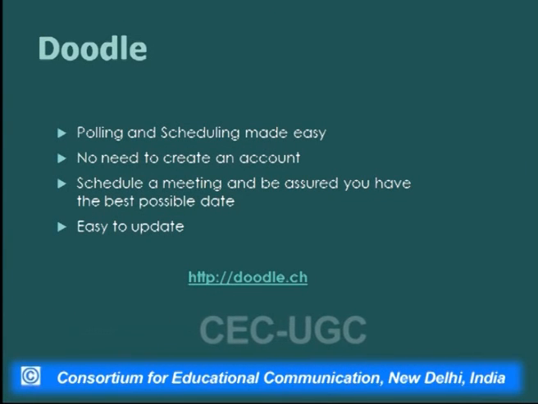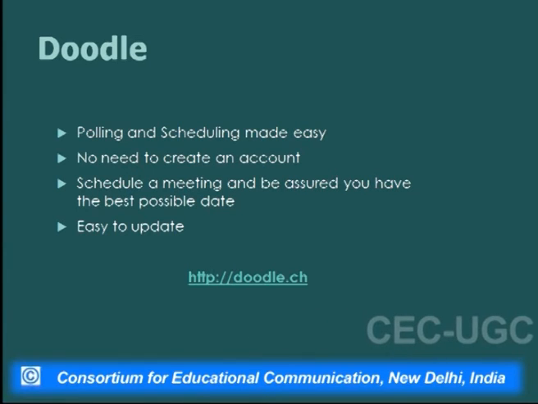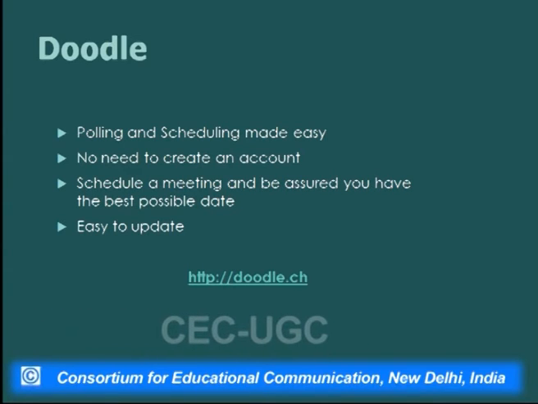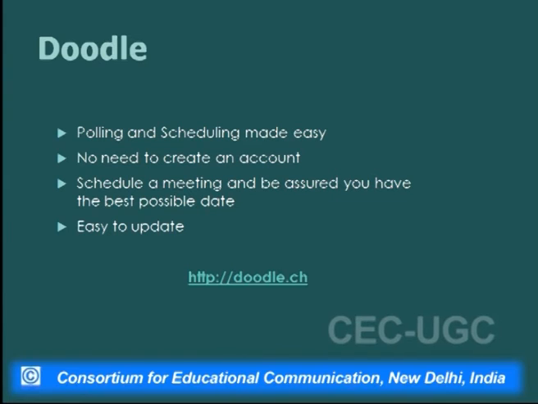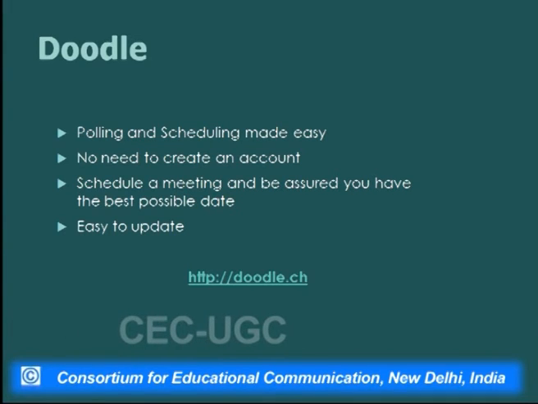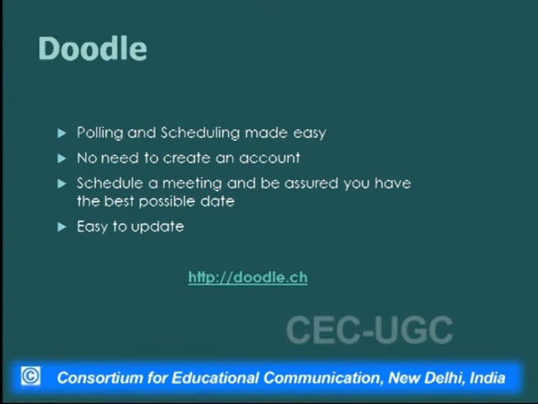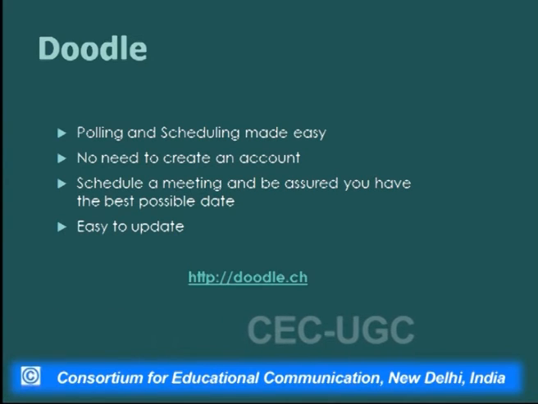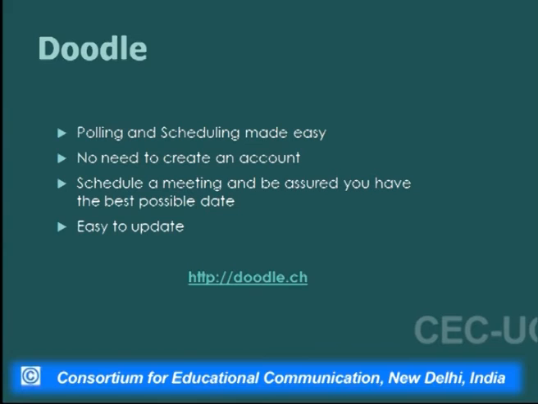Another important application is Doodle. Polling and scheduling made easy. No need to create an account. Schedule a meeting and be assured you have the best possible date. Easy to update. So this is another tool.